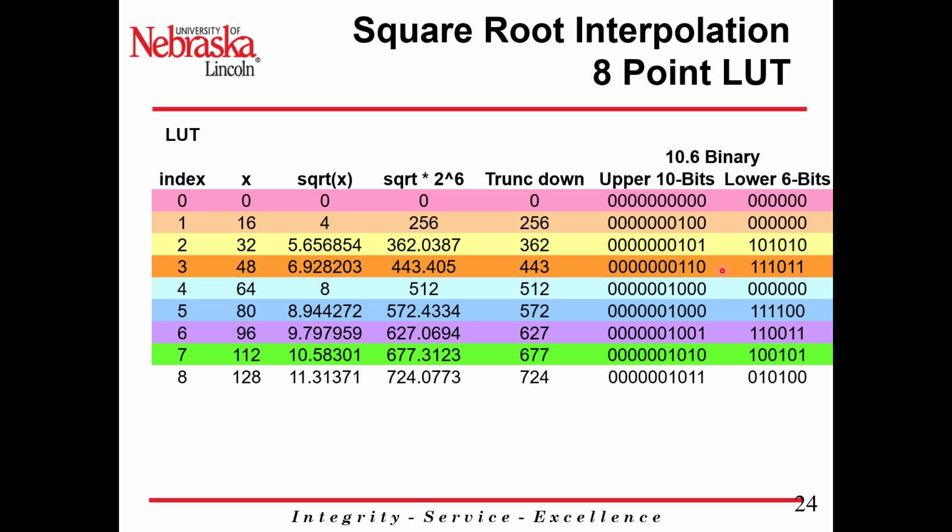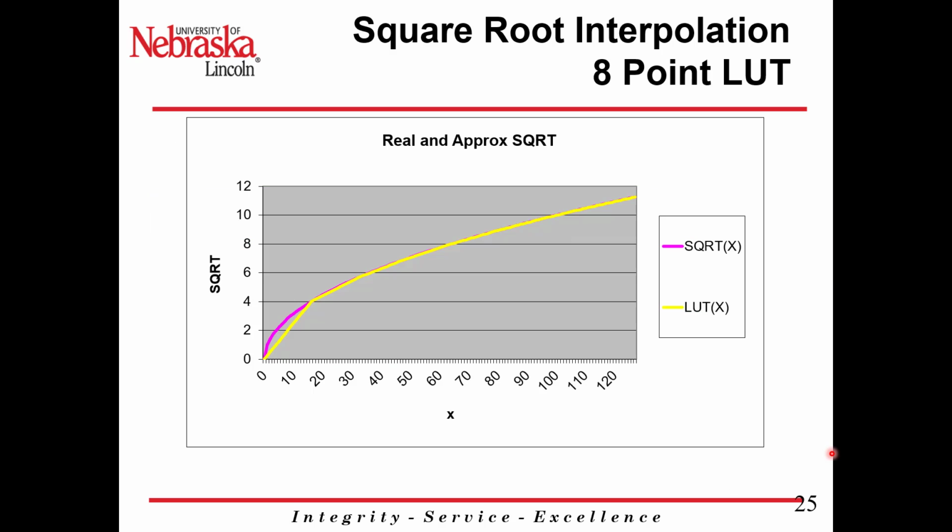Remember, the binary point or the radix doesn't really exist, it only exists to the program. So here is the graph for linear interpolation of square root versus the LUT.